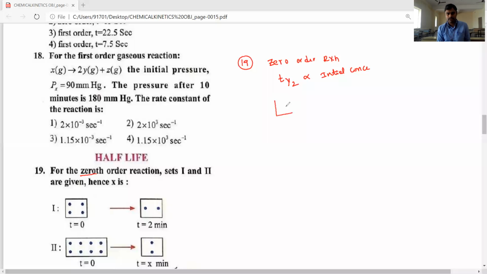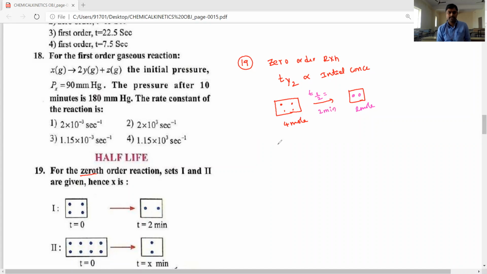Let's see, they gave a reactant containing 4 moles. If the 4 moles are converted into 2 moles, it requires time T half, and they gave 2 minutes.